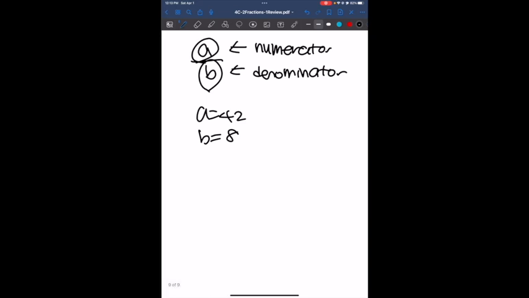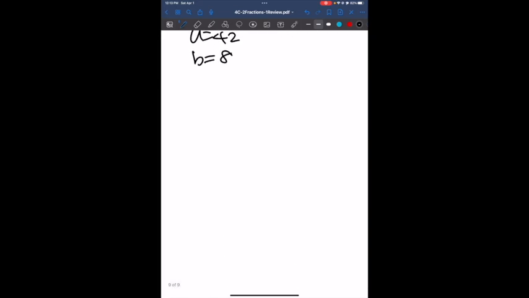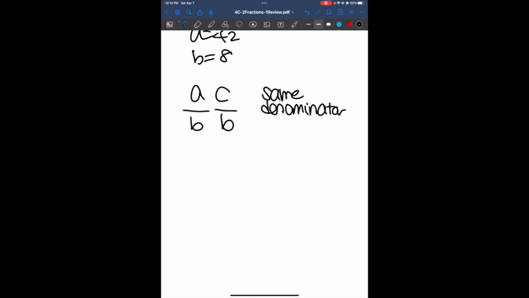We're also going to go over concepts where we have to compare two fractions. For example, if we have A over B and C over B, this is a scenario where the denominator is the same but the numerator is different.